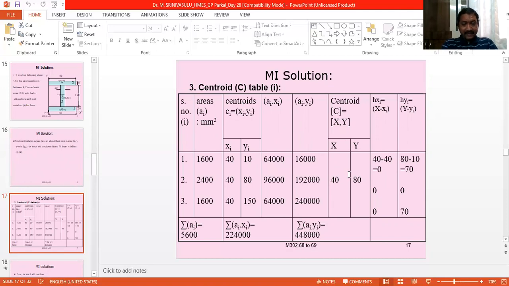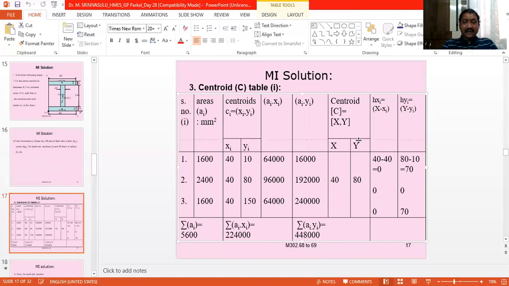Then after finding out the centroids, the difference points, that is hx1 and hy1, hx and hy. The hx is nothing but the difference of the centroid of that particular rectangle from the centroid of the whole figure, that is x minus x1, or the difference between x and x1. X means the x coordinate of the centroid of the given figure.